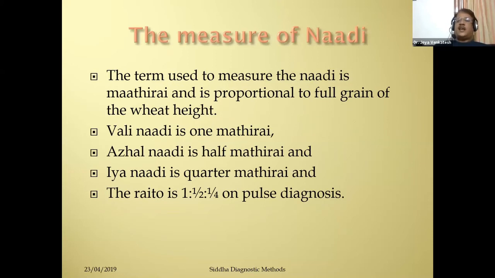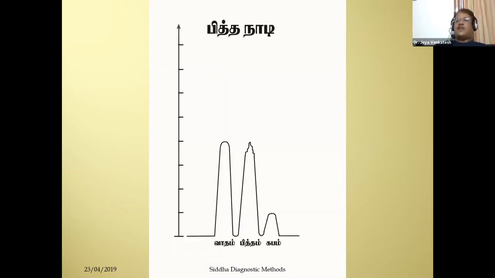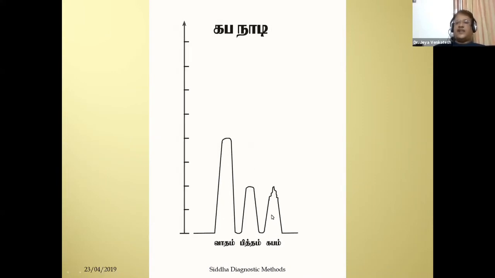This is the normal physiology of the pulse. If Vadanadi is double, then the patient is affected by Vada diseases. If Pittanadi is double, the patient is affected by Pitta diseases. And if Kabanadi is high, the patient is affected by Kaba diseases.